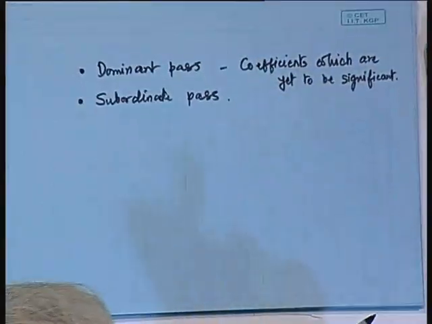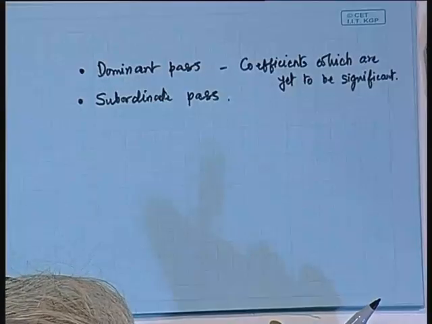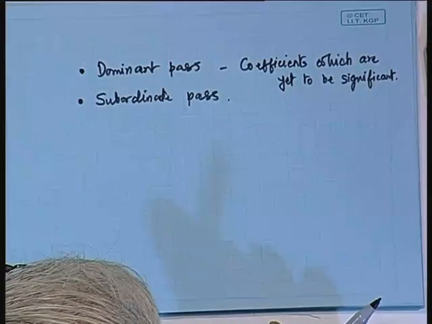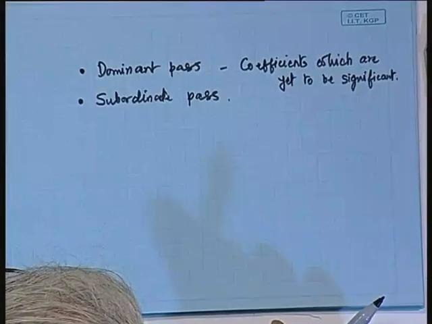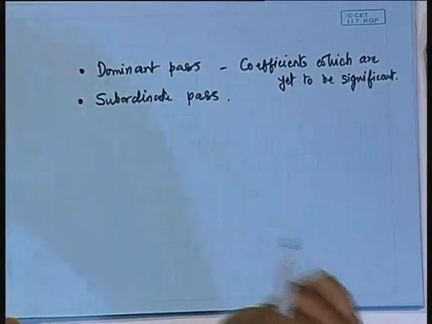So, the dominant pass picks up or encodes the coefficients which are yet to be significant, that are identified and examined to be isolated zeros or zero tree roots.